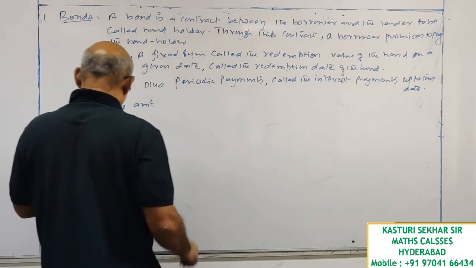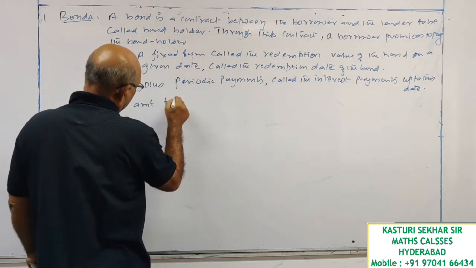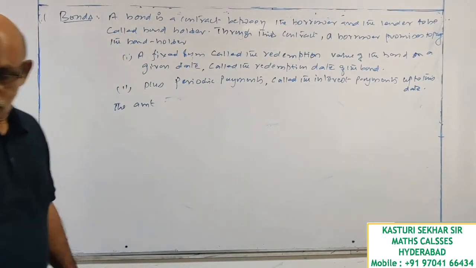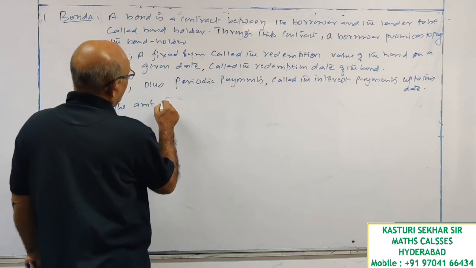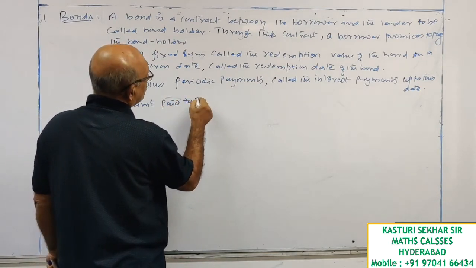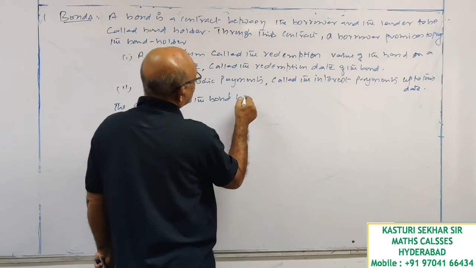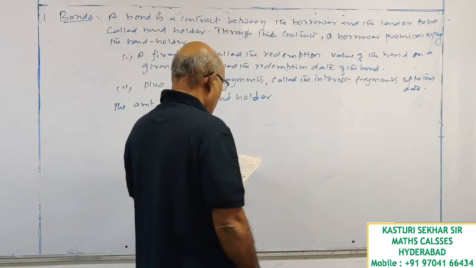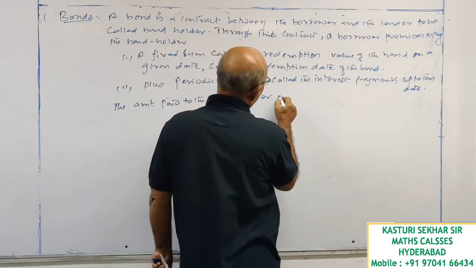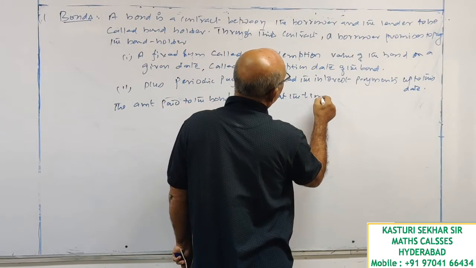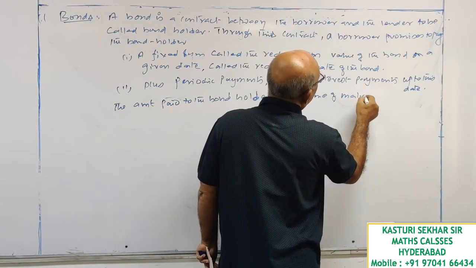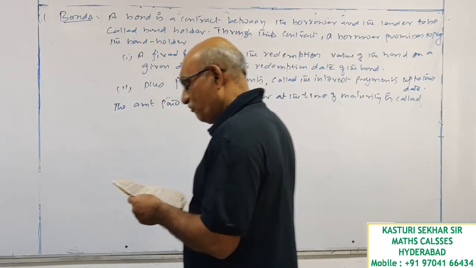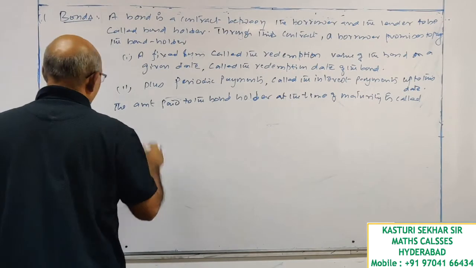The amount paid to the bondholder at the time of maturity is called the face value.